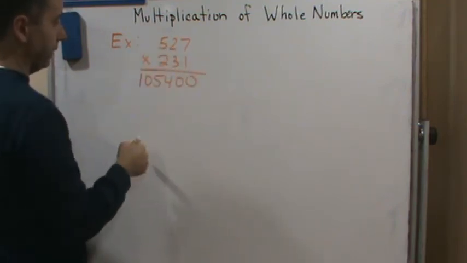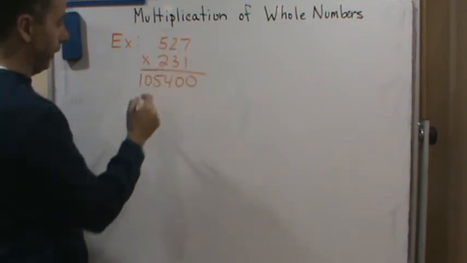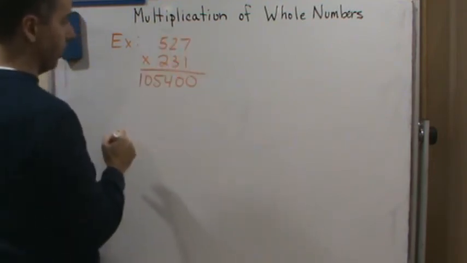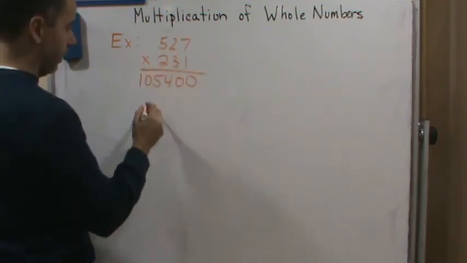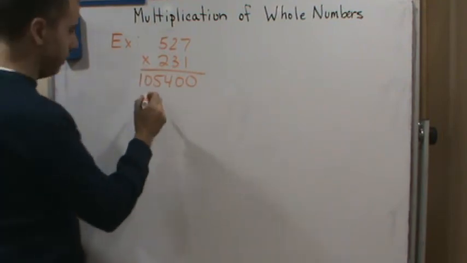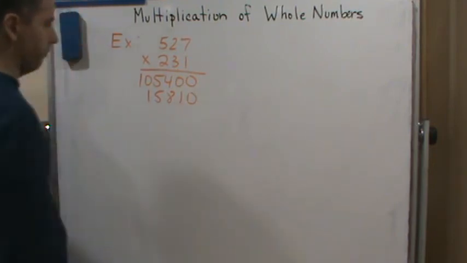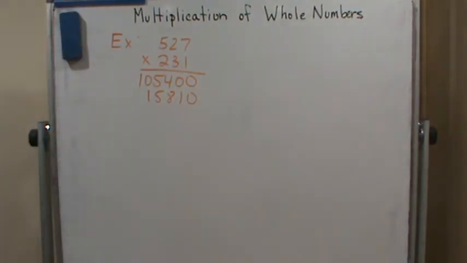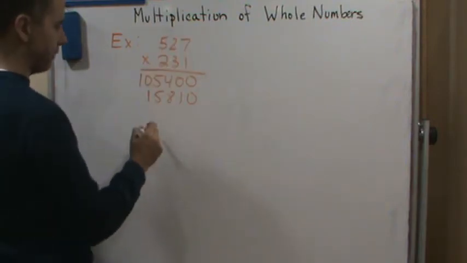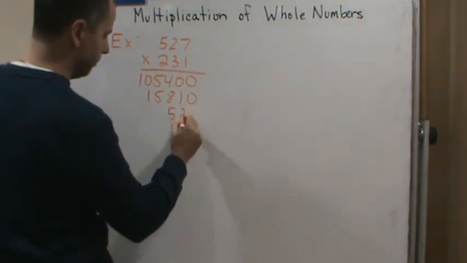That's 1581, followed by a 0 because it's 30. And the last one is just 1 times 527, so it's just 527.